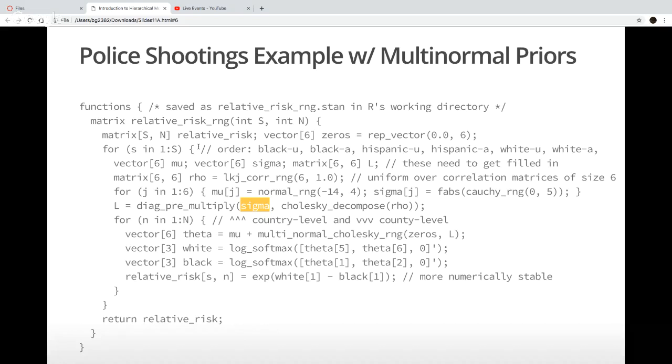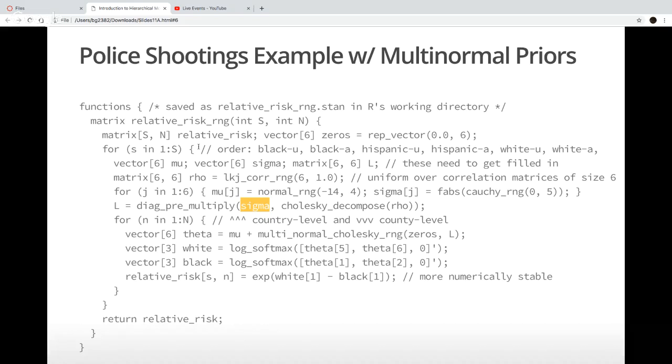And then there's deviation from each state relative to the national level. And then within each state, there's deviation in each school district. If we're talking about public schools, there's certainly going to be deviation between public schools versus private schools, but let's just say we only have data on public schools. So within each state, there's variation from school district to school district. Within each school district, there's variation from school to school.